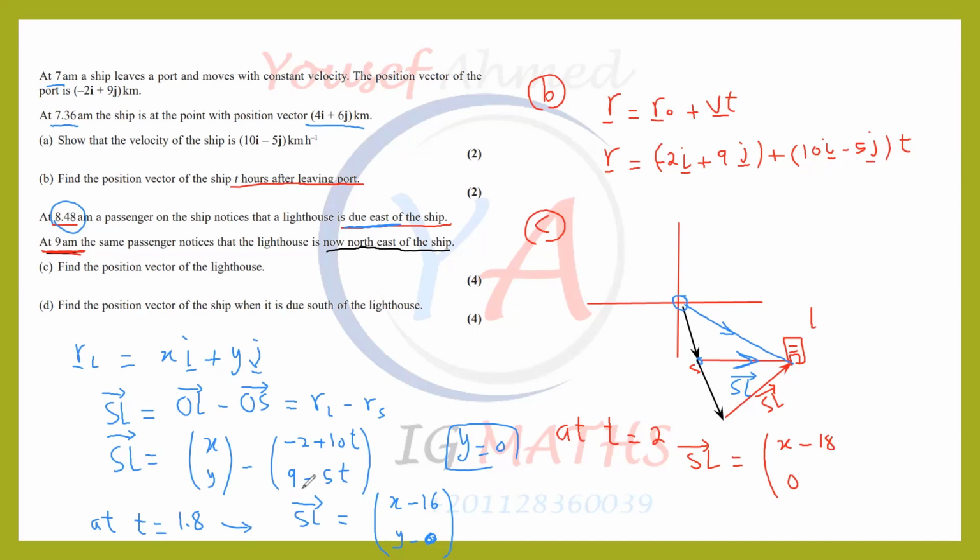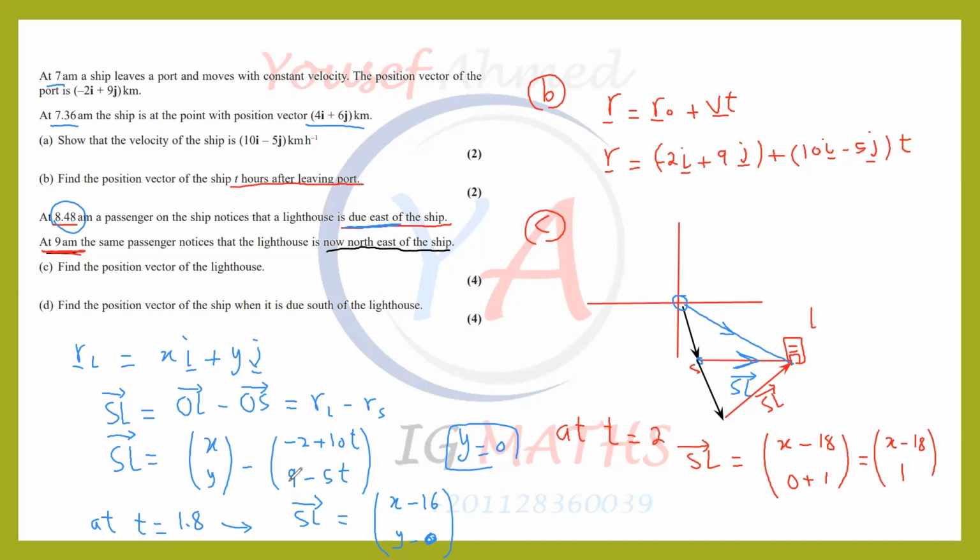And then 5 times 2 is 10, so 9 minus 10 is -1. By the negative, it's plus 1. So now it's x minus 18 and 1 here.